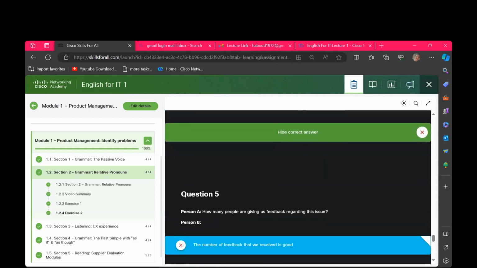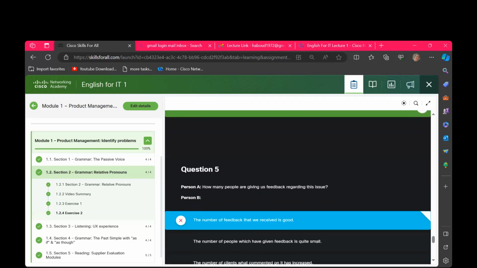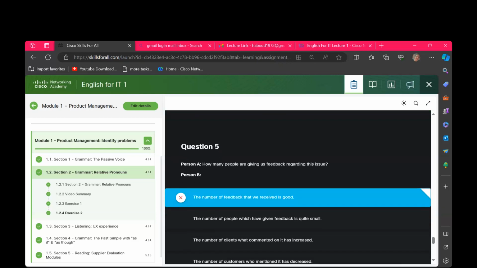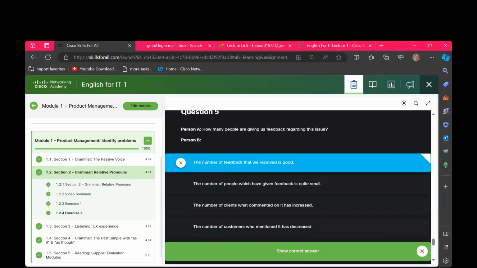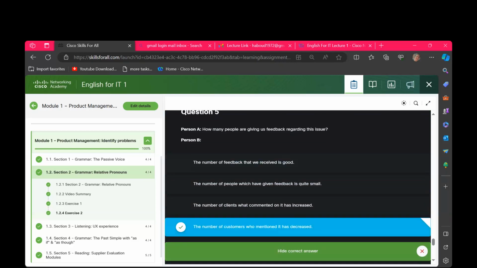Okay. Question number 5. Person A هيقول how many people are giving us feedback regarding this issue؟ كم واحد هيدينا الفيدباك بالنسبة للإيشو دي؟ Person B هيقول the number of feedback that we received is good. لا الإجابة دي مش صحيحة. تفتكروا نفكر مع بعض شوية كده، نقرأ كده الإجابات ونفكر. إيه رأيكم؟ حد قالها صح، أنا سمعتها صح كده، برافو عليكم.